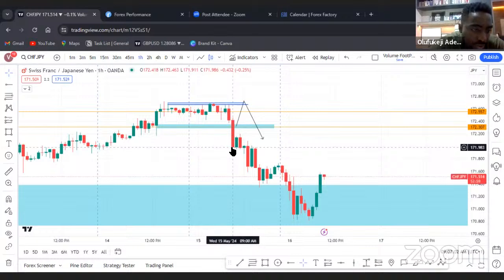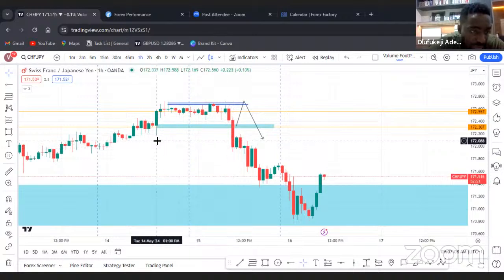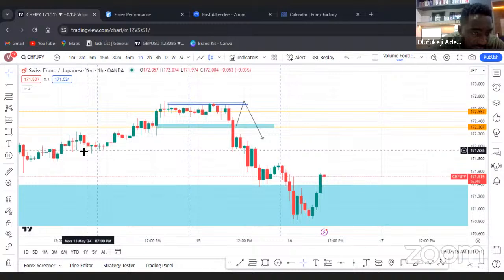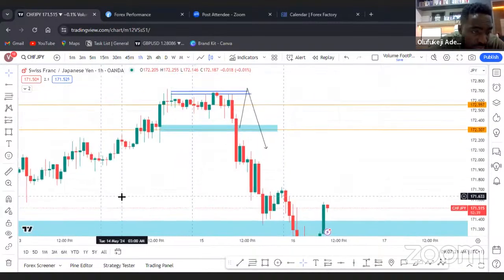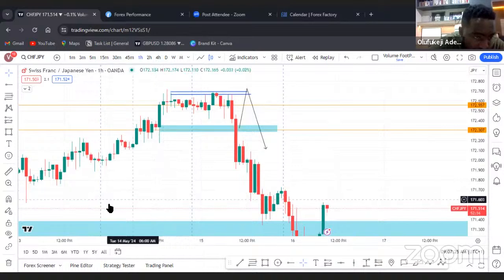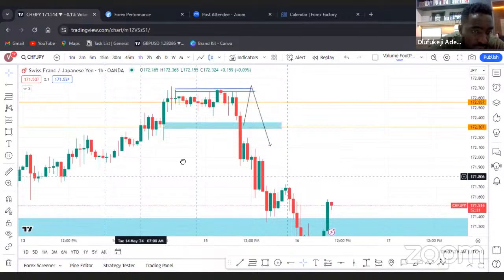But if you notice, there's a fair value gap at 12 p.m. on the 13th, a very tiny fair value gap there. Sorry, not 12. We'll just go further to the left. There's a fair value gap, a very tiny one there. And there is also a low there.